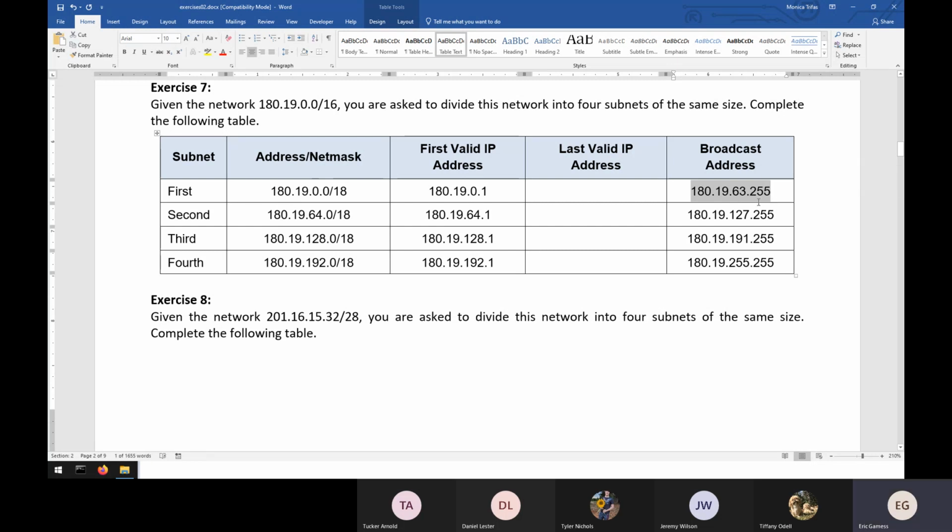Now, the last valid IP address is one IP address before the broadcast address. What is one IP address before this one? What should I put there? In the last byte, 254. Correct. So the last valid IP address here is one IP address before the broadcast address. This will be 254. I take this one, and it will be 254 also here.